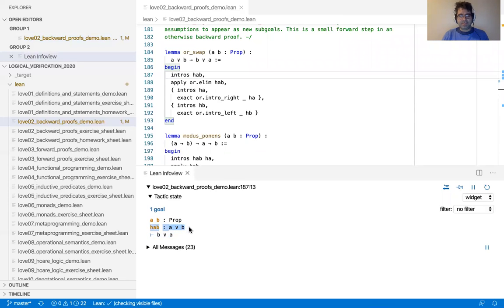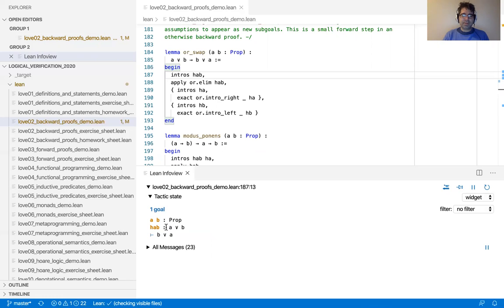Should we use elim on this or intro on that? Actually it's premature to use intro on the conclusion, because when we use an intro on an OR, we have to choose if we go left or if we go right. But at this point, we don't know yet where we're going to have to go. So in this situation, it's better to work on the hypothesis.